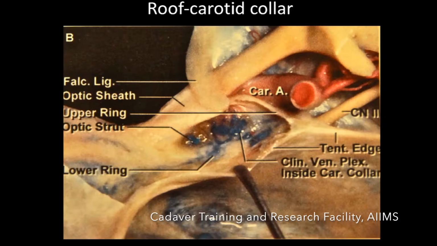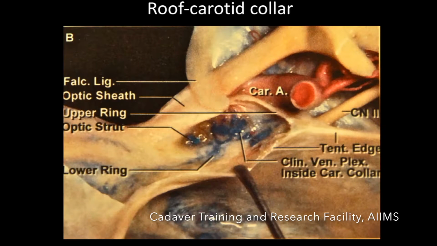So the clinoidal triangle has three parts. Anteriormost part is the triangular optic strut. This is the optic nerve. So this is the broad posterior surface of the optic strut against which the anterior genu rests. And then the middle part of the clinoidal segment is the clinoidal artery itself, the carotid artery. And the posterior part is the thin roof formed by the carotid-oculomotor membrane.